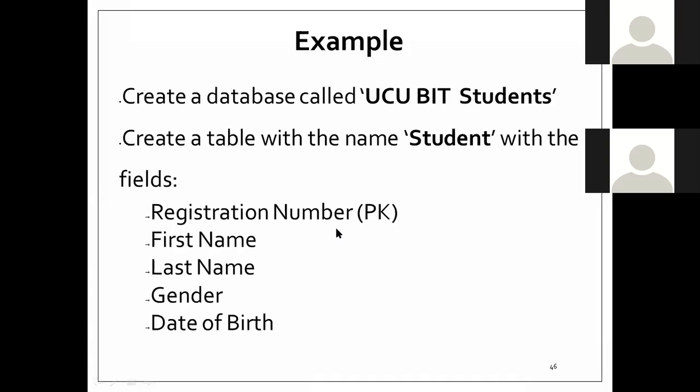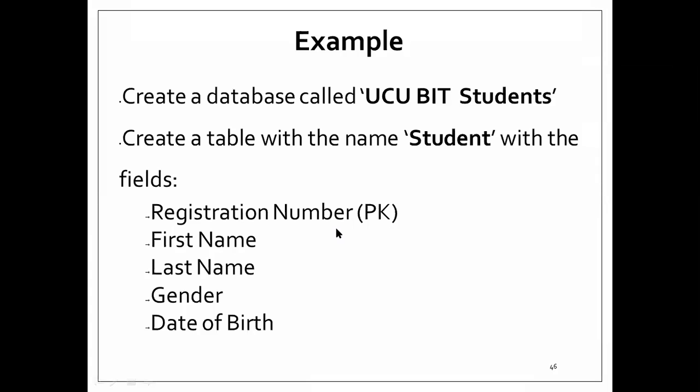The foreign key is actually a primary key of one table, and then it appears in another table. So if you see fields listed with the word FK next to it, it means that field is a foreign key. If you see fields listed with the word PK, it means that field is a primary key field.